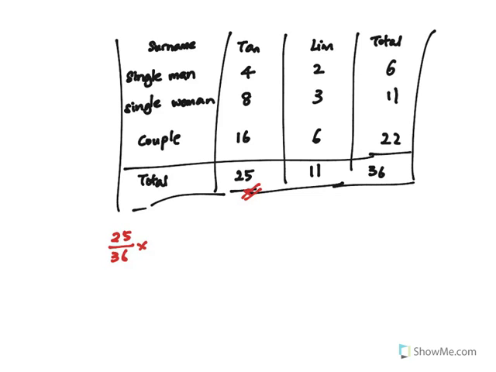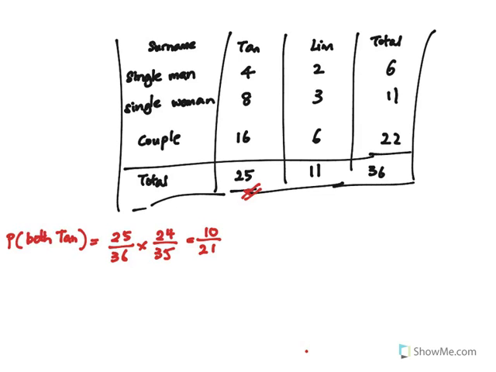For the second person with surname Tan, since I have already chosen one, it will be 24 out of 35. So my answer comes out to be 10 over 21. This is the probability that both are surname Tan.